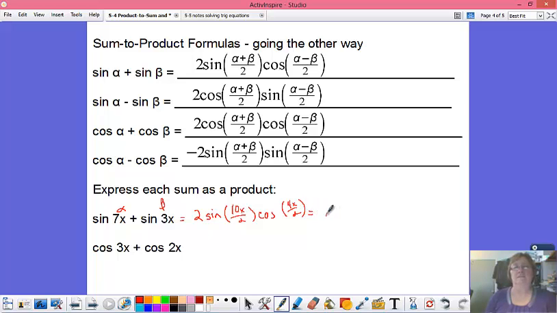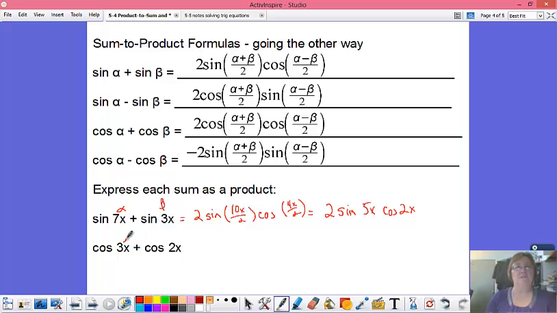And we can make our answer look a little bit more simplified by doing the arithmetic. 2 times the sine of, and 10x over 2 is 5x, times the cosine of, and it'll be 2x. And we've applied that identity.